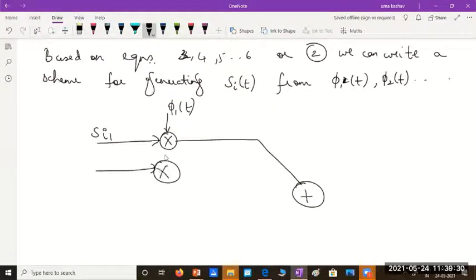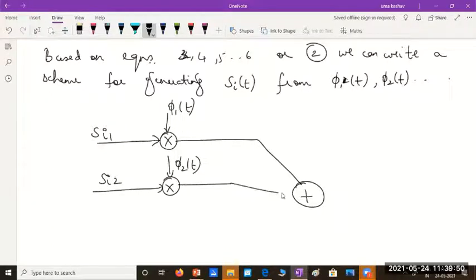What is the next signal? Next signal I should have phi 2. Phi 2 is there. Let me give some gap. I'll consider signal phi 2. It gets multiplied with Si2 and it gets added finally.